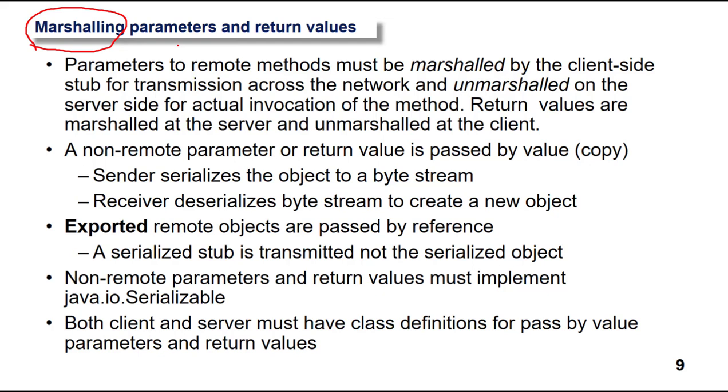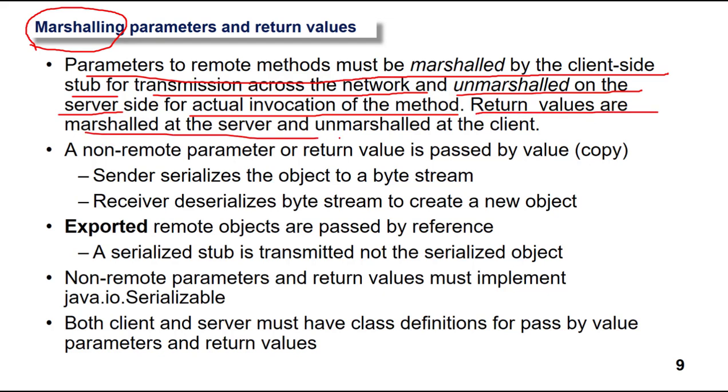This process of converting parameters and method calls into something the network layer can understand we call marshalling. Parameters to remote methods must be marshaled by the client-side stub for transmission across the network, and also unmarshaled on the server side for actual invocation of the method. We treat return values the same way: return values are marshaled at the server side and unmarshaled at the client.